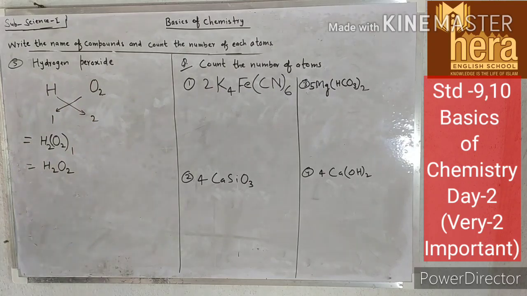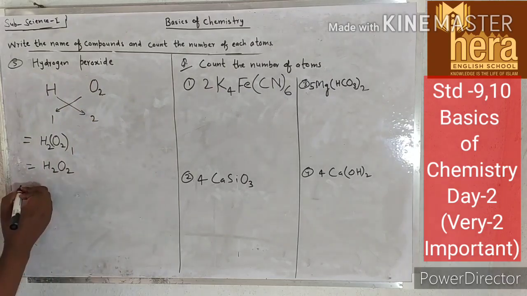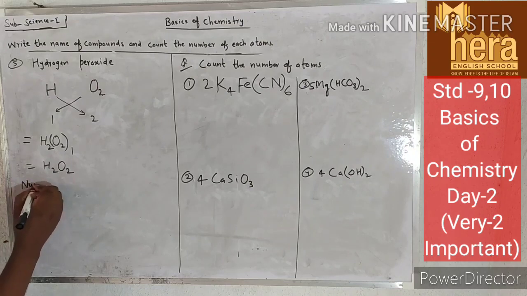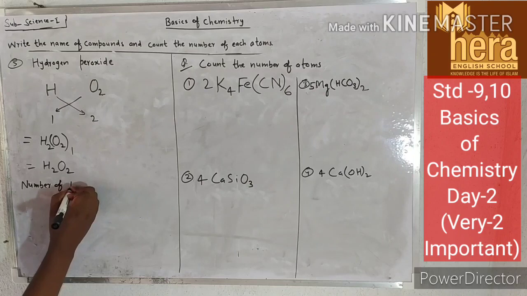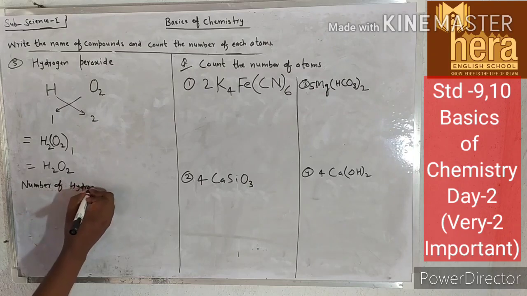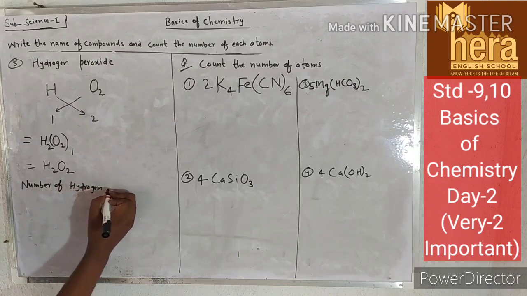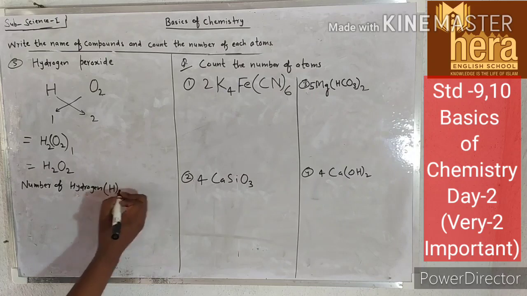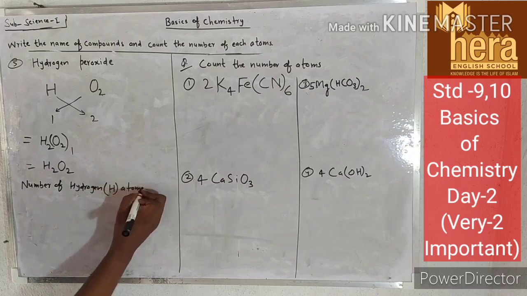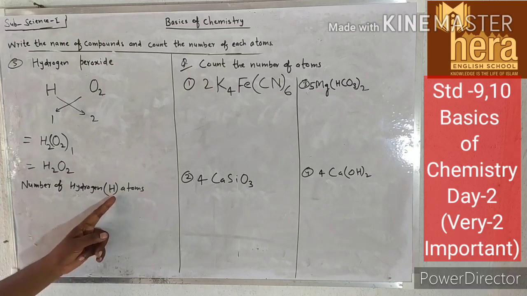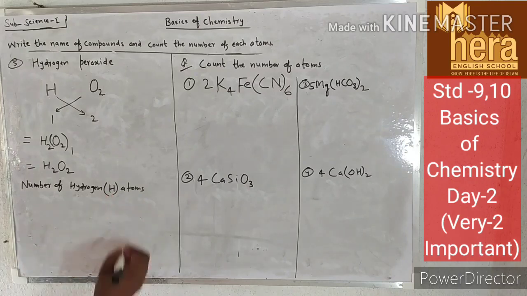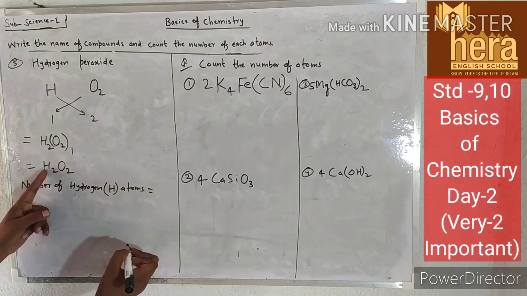Okay. So right here, number of hydrogen atoms. Don't write H2. The symbol of hydrogen is H. That's why I have written H here. Atoms is equal to H2.